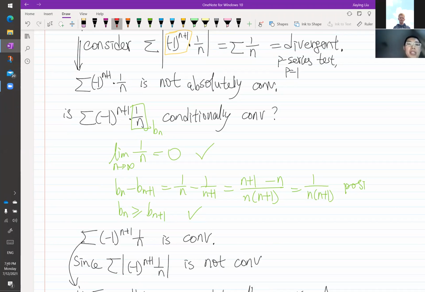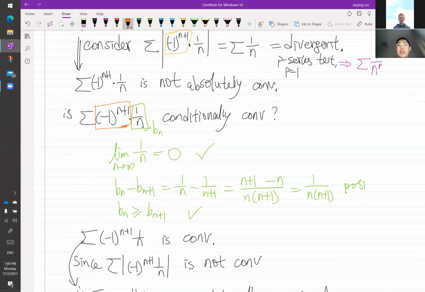Yeah, so glad you brought it up. The p-series test works if you have just 1 over n to the p, right? That's when you use it. But here the given series has an extra part, there's a (-1)^(n+1), that's an extra there. You cannot move it to the front because it depends on n. So the (-1)^(n+1) part has to stay with 1 over n for every term.